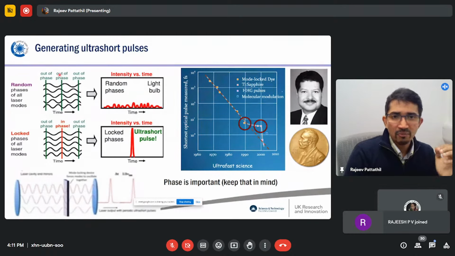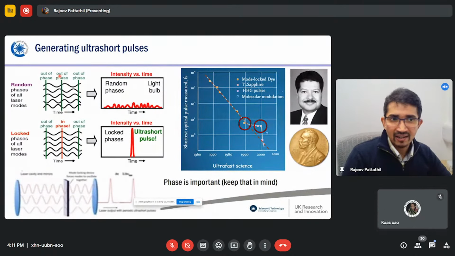These frequency components that are supported in the bandwidth can, as we saw earlier, add up and interfere. They will constructively interfere only when these different wavelength components are in phase. But if they are phased randomly, if they are oscillating randomly, you will not get a pulse.